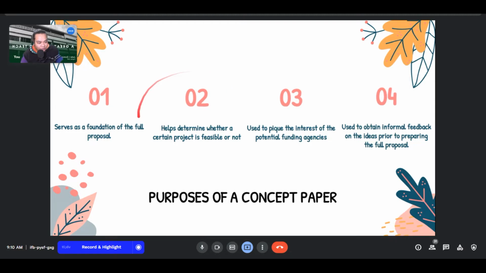Next, the second purpose is to help determine whether a certain project is feasible or not. Okay, this is something that I've encountered many times as a research teacher, especially last year when we were having our defense. We had our proposal defense for the research topics.